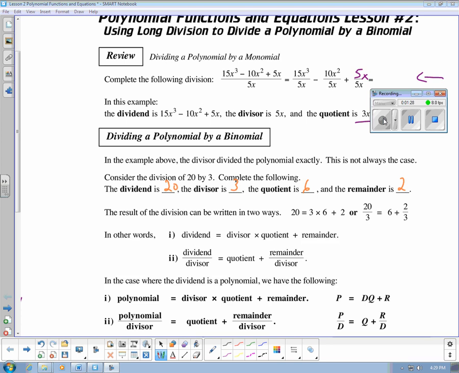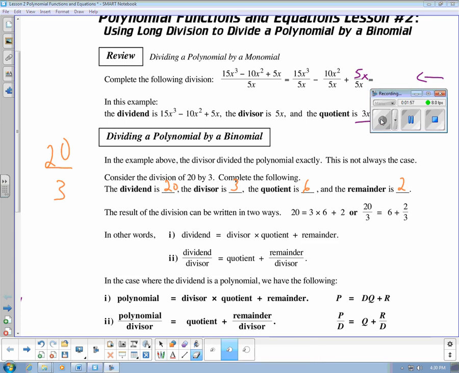The dividend is what you're dividing into. So in 20 divided by 3, the dividend is 20, and you're dividing by 3, that's the divisor. The quotient is 6, because 20 divided by 3 is at least 6, and the remainder is 2.